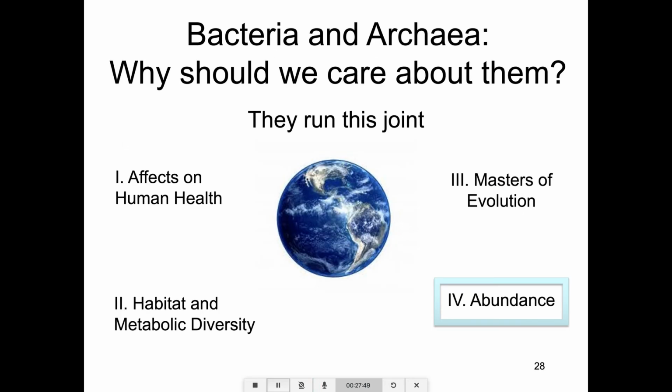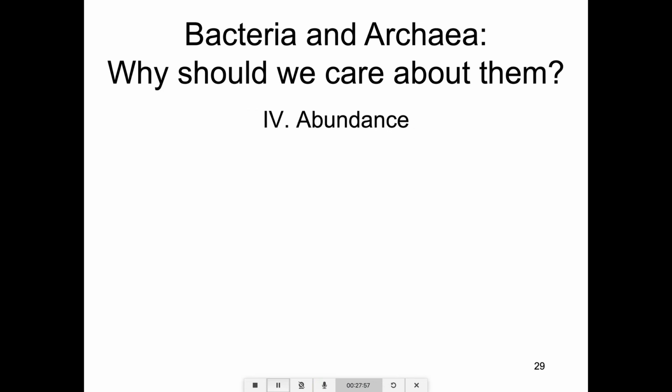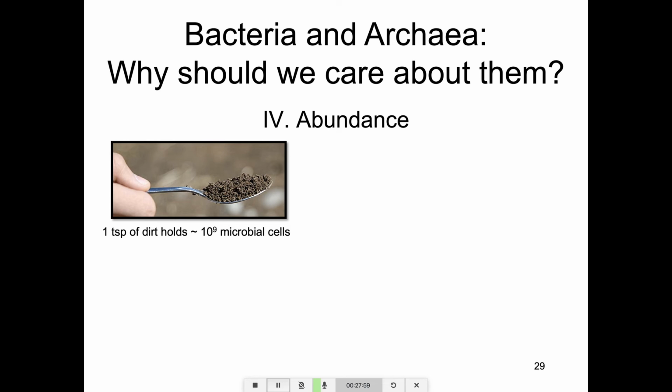So this is hugely advantageous in terms of the spread of alleles and traits and picking up new alleles and traits. Another really important aspect of bacteria and archaea, and why we should care about them, is their overall abundance. So if you were to pick up an individual teaspoon of dirt, just to give you an idea, that individual teaspoon of dirt holds 1 billion microbial cells. So a huge abundance.